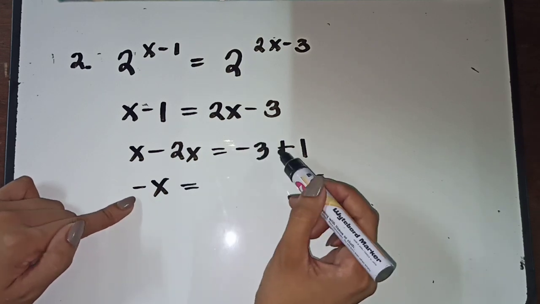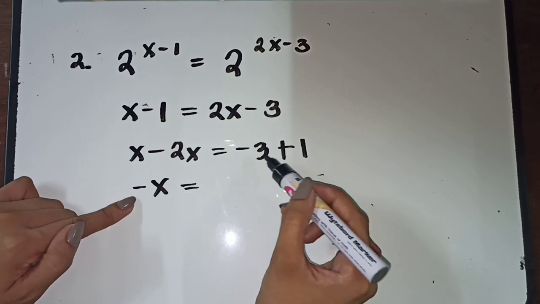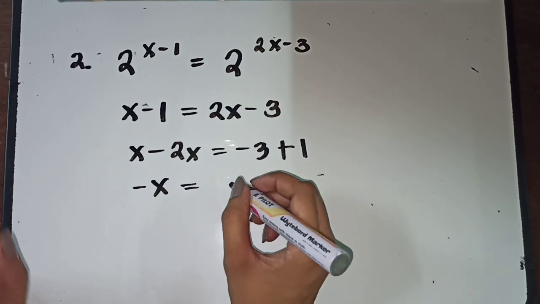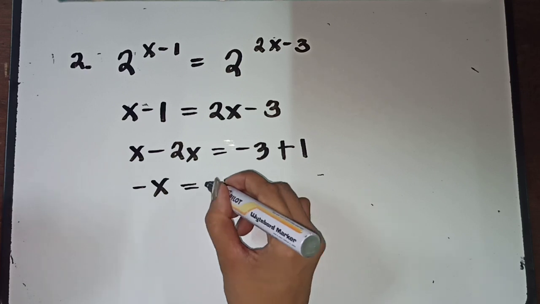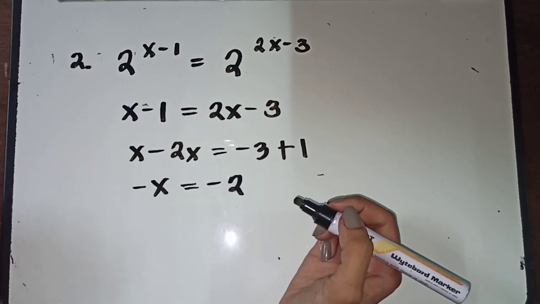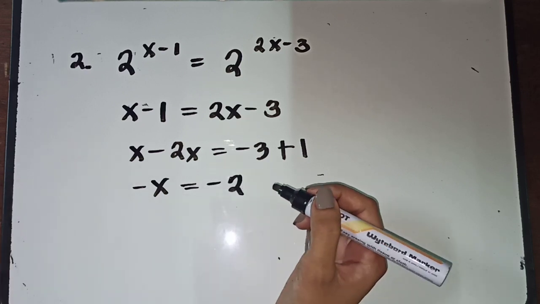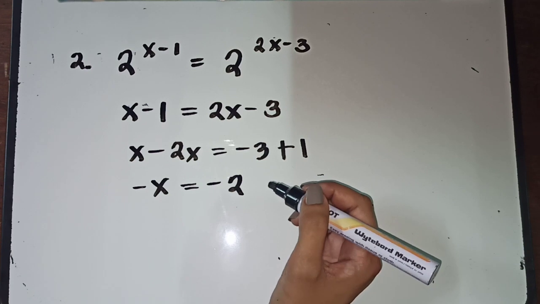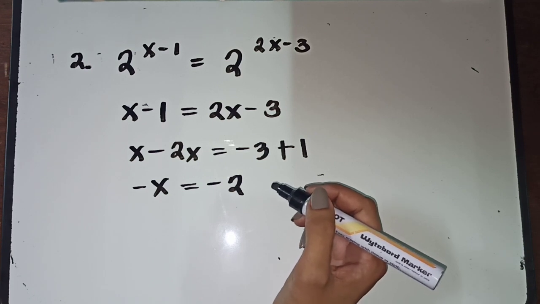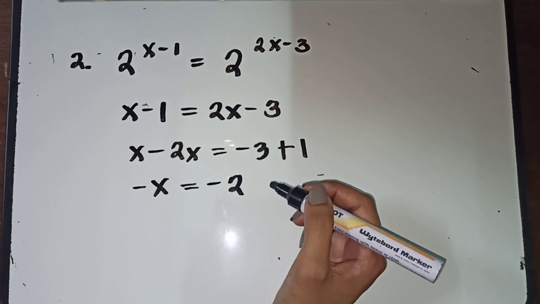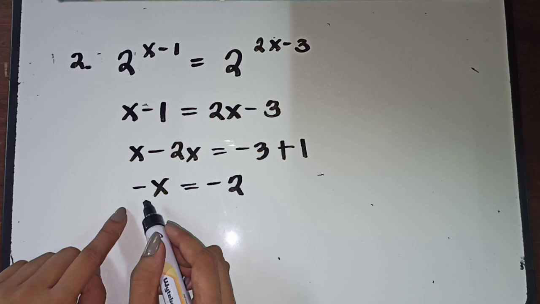Meron akong utang na 3 at meron akong perang piso. So, negative 3 plus 1, meron pa rin akong mga titirang utang na 2. So, that's why we have negative 2. Value lang ng x ang kailangan ko. Again, x lang, walang ibang kasama. Kahit negative lang yan, x lang ang kailangan mo. So, you need to eliminate this negative.